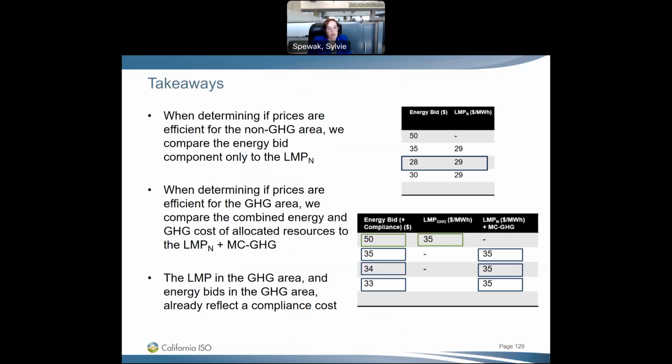When determining if prices are efficient in the GHG area, we compare the combined energy and GHG cost of allocated resources to LMPN plus the marginal cost of GHG.